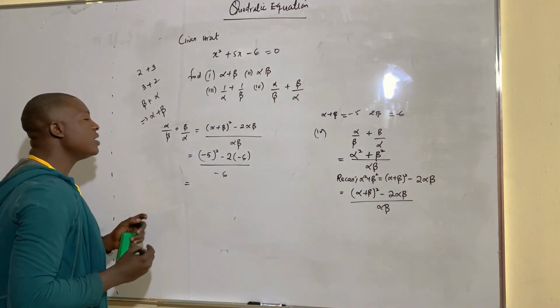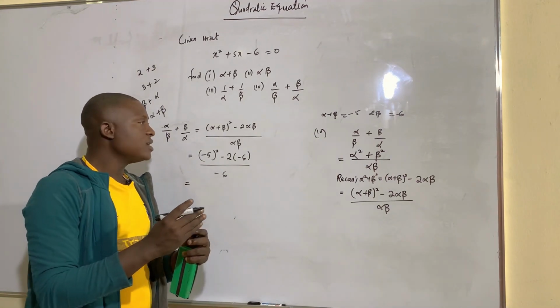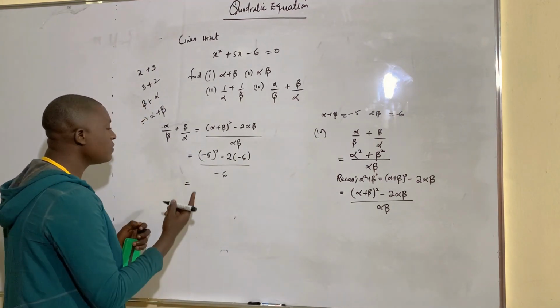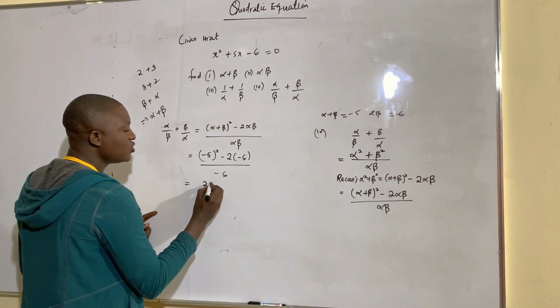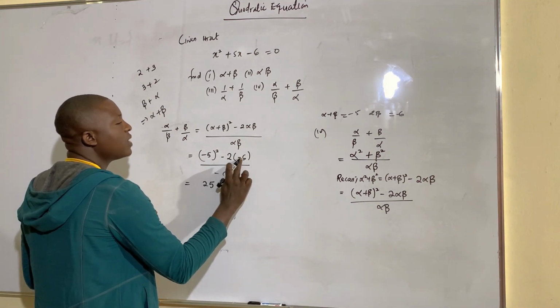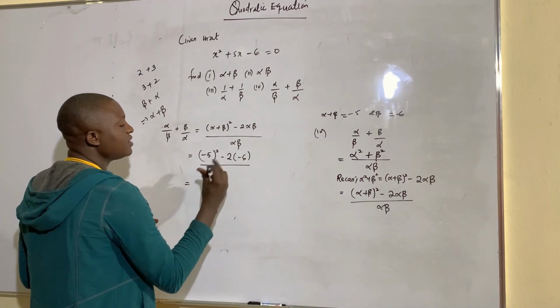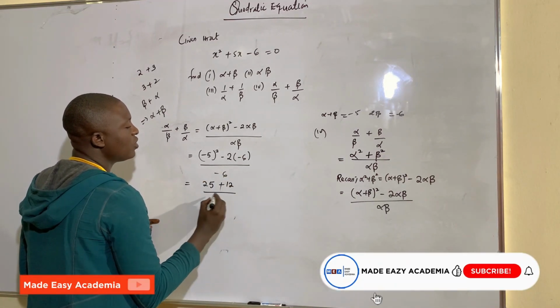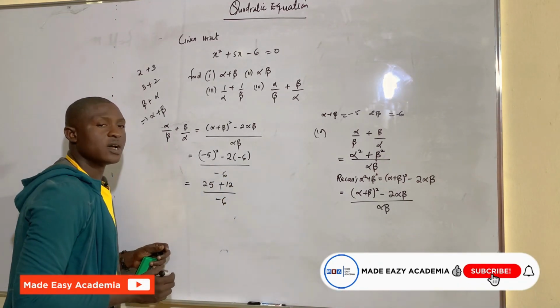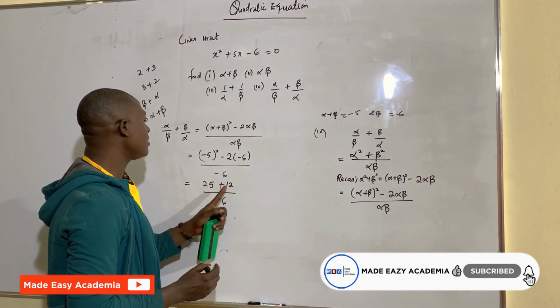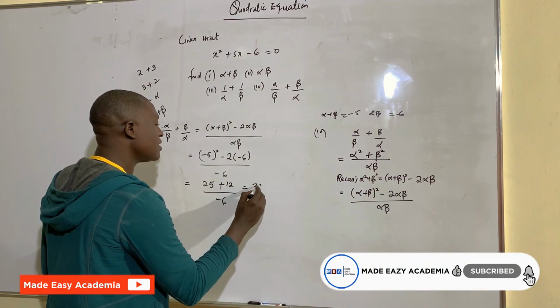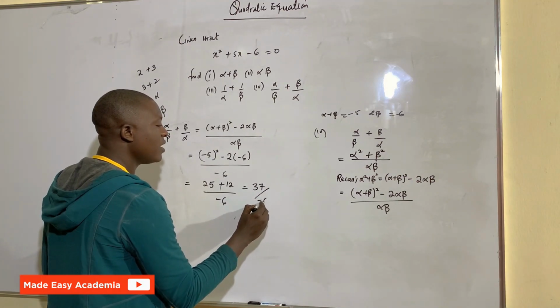I told you earlier, when you have minus 5 squared, it means minus 5 times minus 5. So 5 times 5 we have 25. Minus times minus is going to be plus. 2 multiplied by 6 is going to be 12, all divided by minus 6. So 25 plus 12 is going to give us 37 all over minus 6.